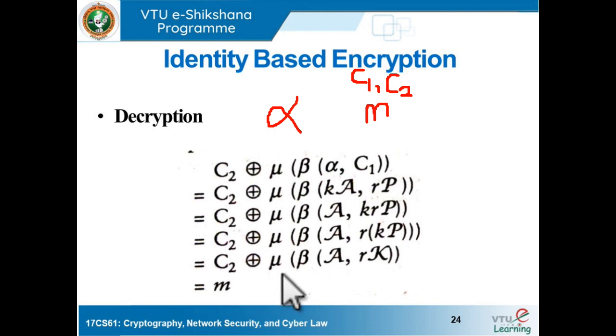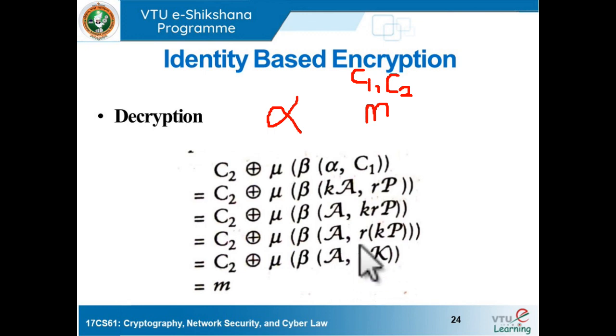Now using this particular equation, Alice has access to C2 because it is received from Bob. She XORs it with the hash which is made public, that is mu, and the bilinear mapping B of A and RK.